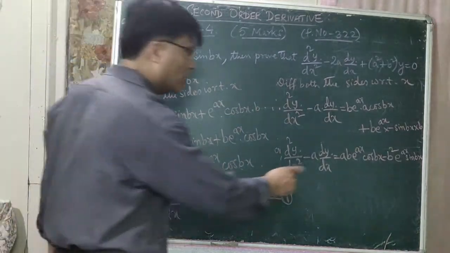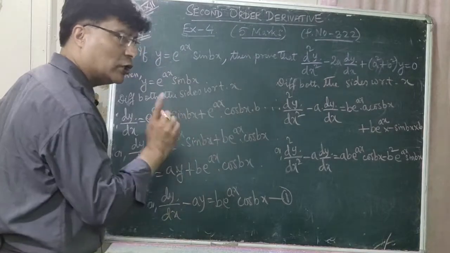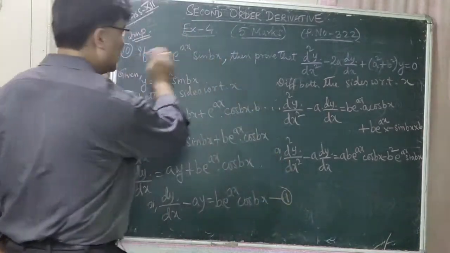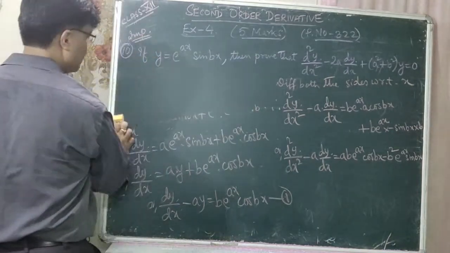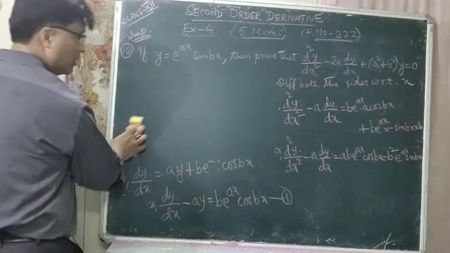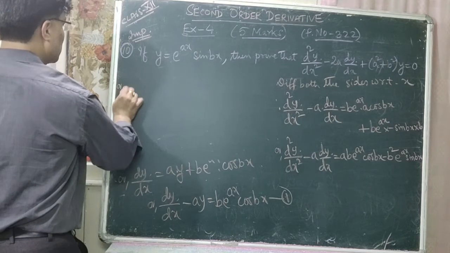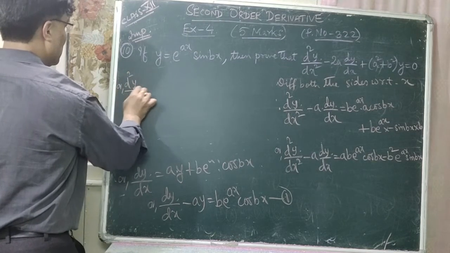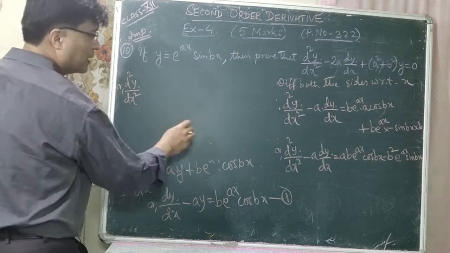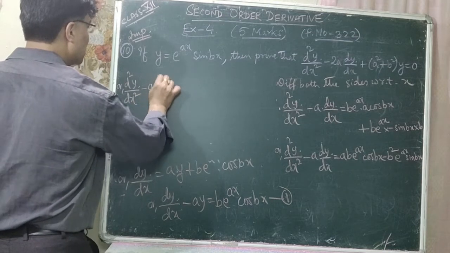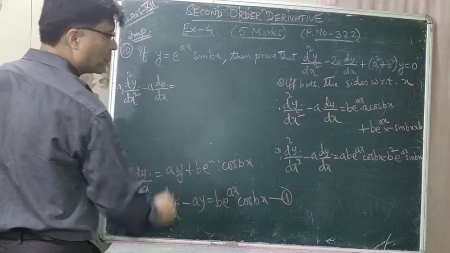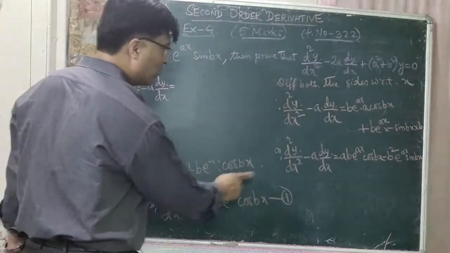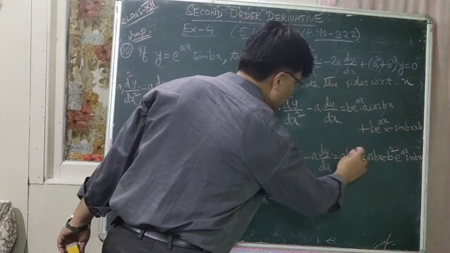So now on the right hand side you can use the values from number 1 and given. So let us write it. d2y by dx square minus a dy by dx is equal to, now from 1 we have got the value for b e to the power ax cos bx.